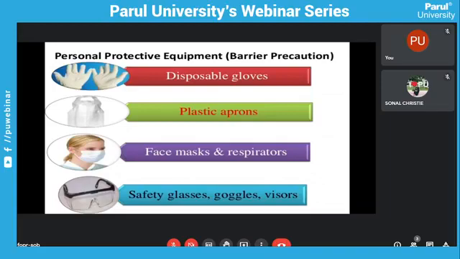Which equipment are we using as personal protective equipment? First, disposable gloves, then plastic aprons, face masks and respirators, safety glasses, goggles and visors. Visors means face shields.